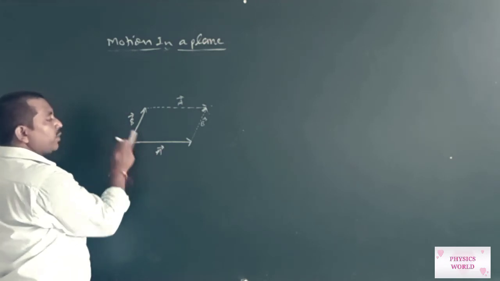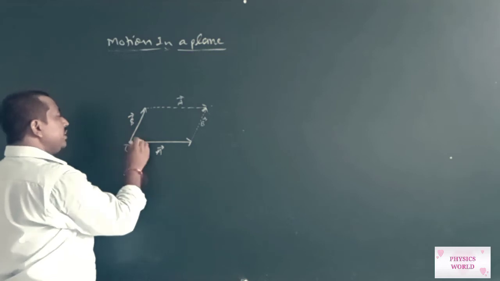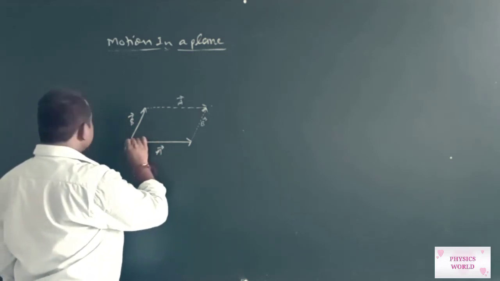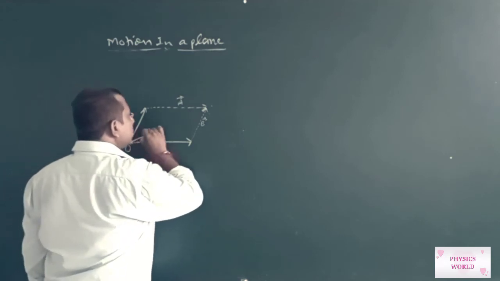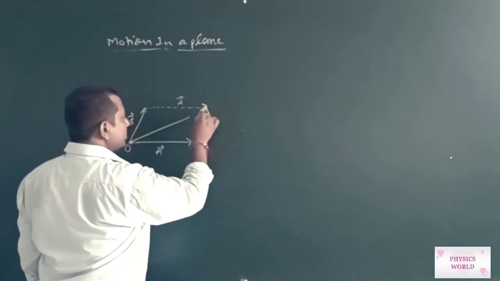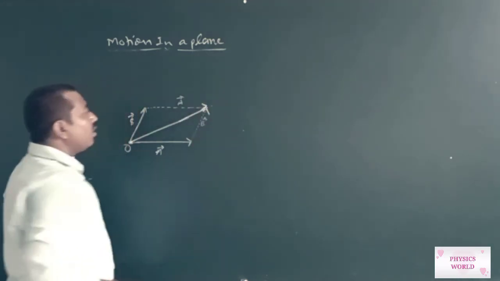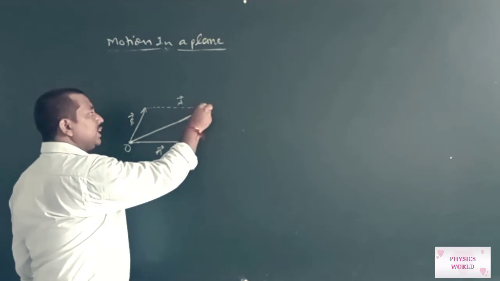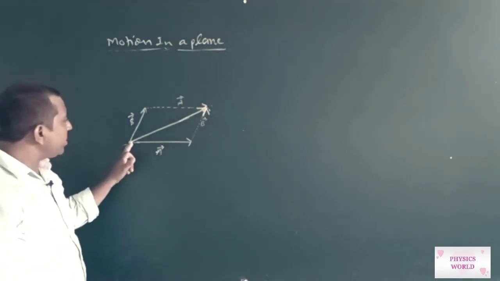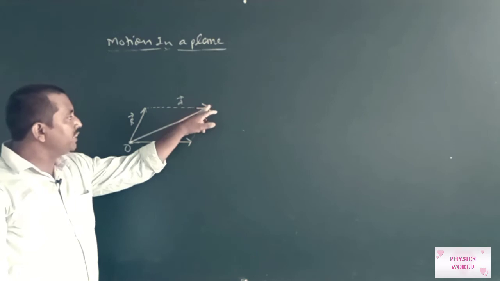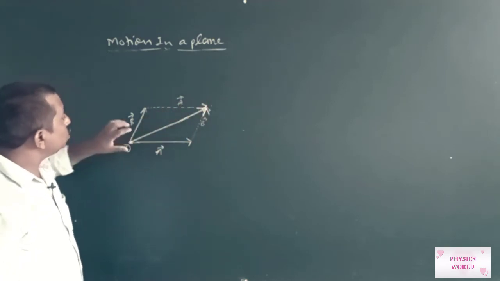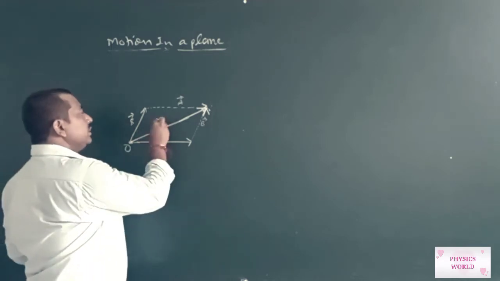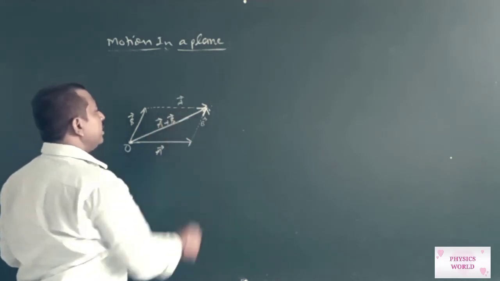This point is the co-initial point of both vector A and vector B. If we draw a line from the co-initial point to the intersection point of the heads of these two vectors, the direction of this line provides the total vector sum of vector A and vector B. Okay, this is known as the parallelogram law.